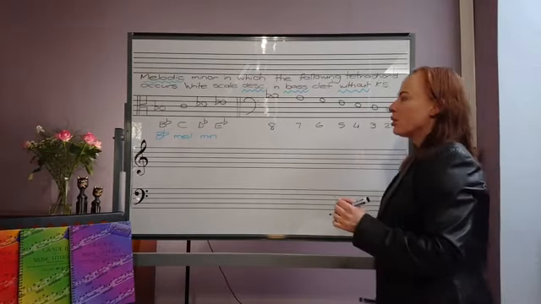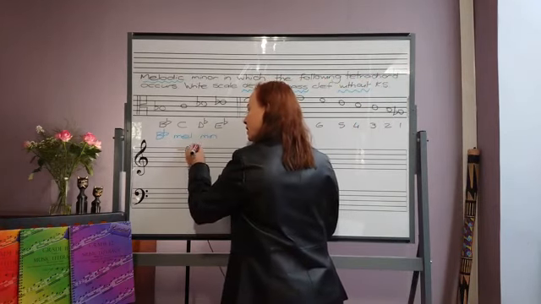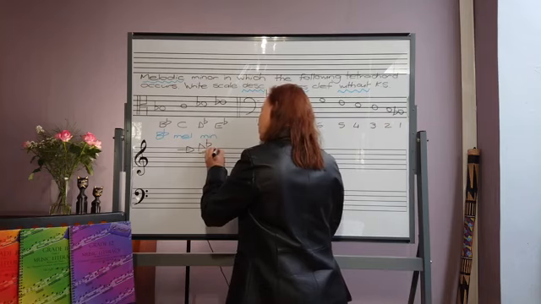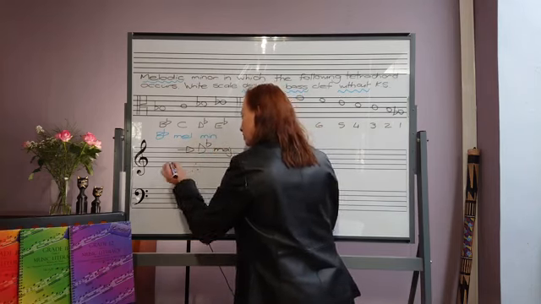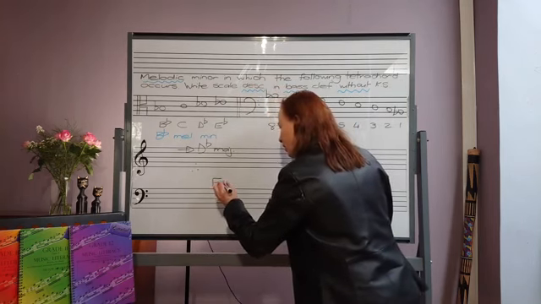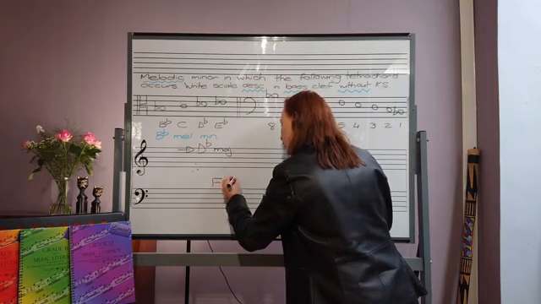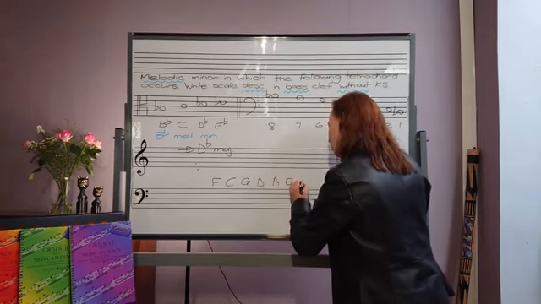Okay, so B flat minor's relative major is D flat major. In other words, the key signature, let me revise your keys quickly here. So we have Father Charles Goes Down And Ends Battle.